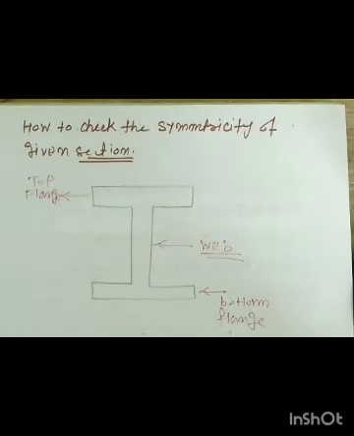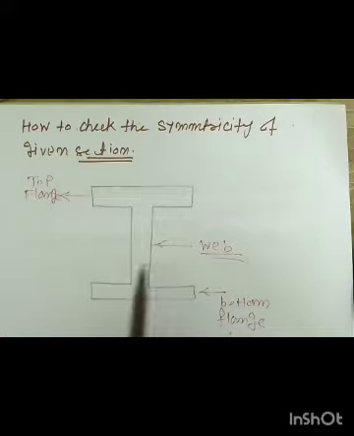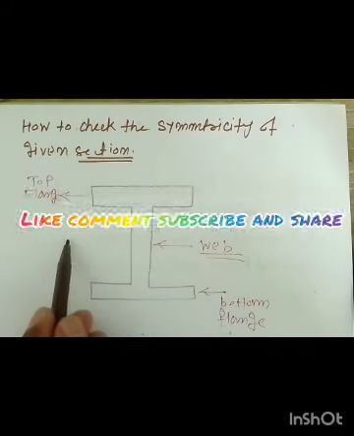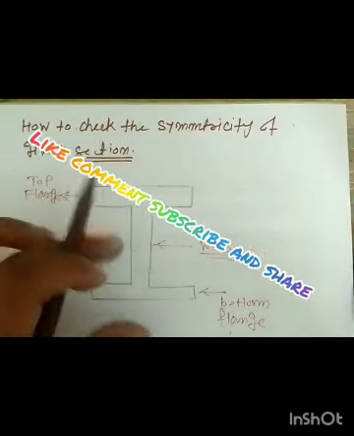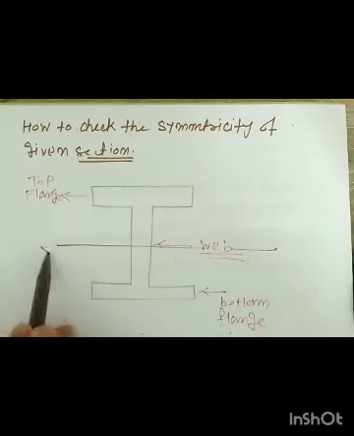So this is how you can specify the I section. Now, first of all, this is the I section whose centroid you have to find. So you need to know about which axis you have to find the centroid, either the x-axis or y-axis. For that, you need to know which axis the given section is symmetrical about. To know whether it is symmetrical about the x-axis or not, I'll cut this I section into two parts along the x-axis.